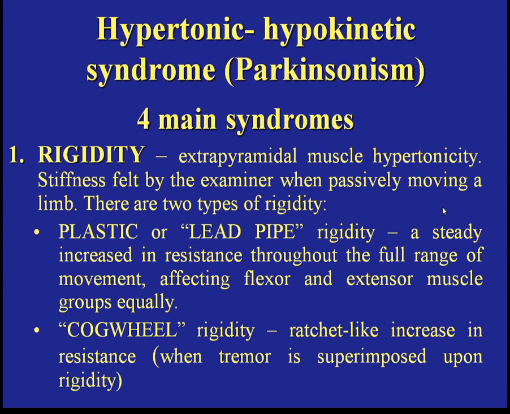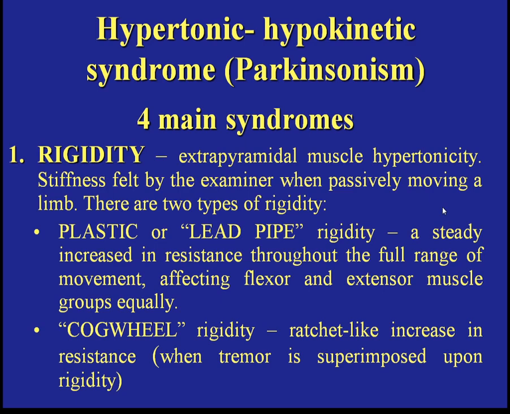The second part of our lecture about basal ganglia system is pallidum syndrome, hypertonic hypokinetic syndrome, or Parkinsonism. You remember we can have this syndrome in case of dopamine depletion. You have to know 4 main syndromes of Parkinsonism.